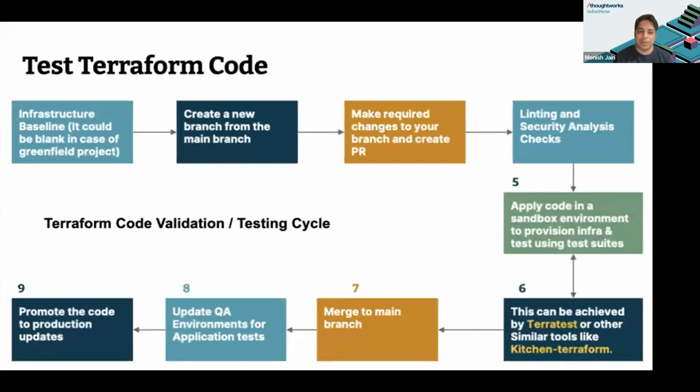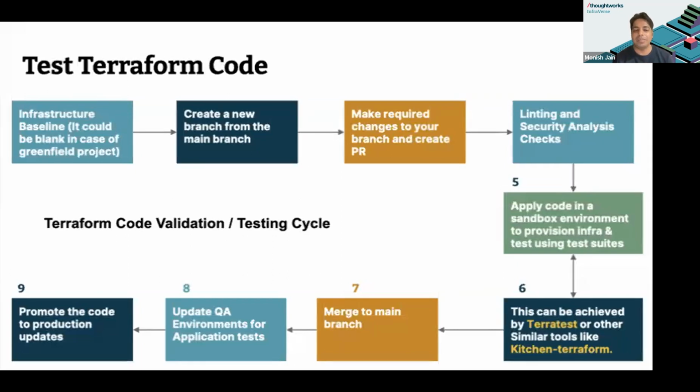We create a new branch from the main branch, make whatever changes we are working on, and make sure that we have a PR in place. Whenever we are putting the code, static analysis is run through CI/CD. We apply the code in the sandbox environment, for which various tools like TerraTest and Kitchen Terraform can be used.